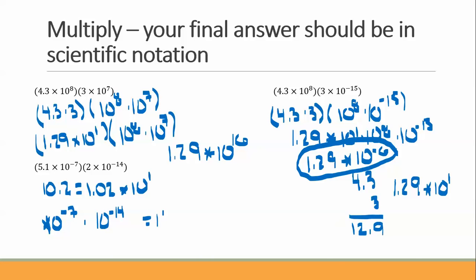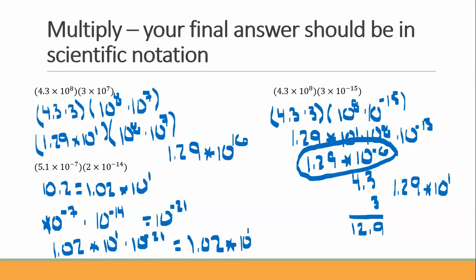So that's 10 to the negative 21st, because we have the same base, we're adding our exponents. So our final answer is 1.02 times 10 to the 1st times 10 to the negative 21st. So now we still have to add a couple exponents. So that's 1.02 times 10 to the negative 20th.